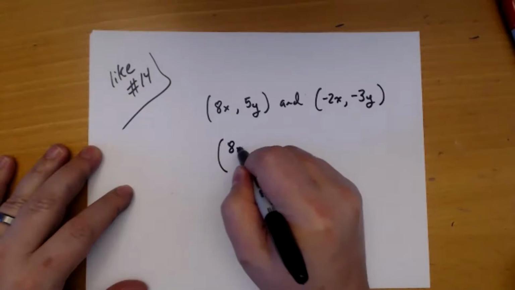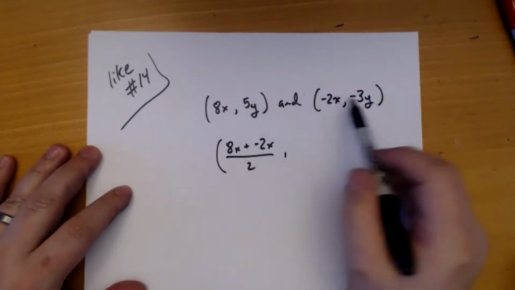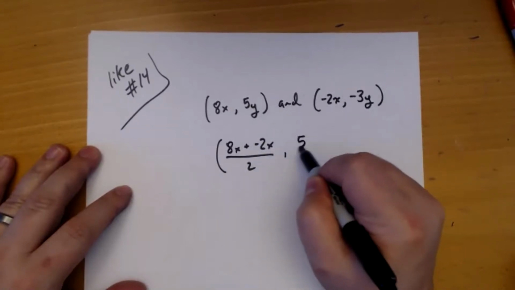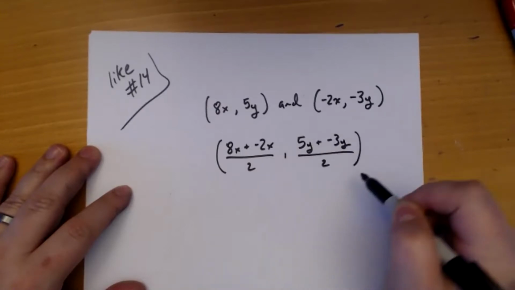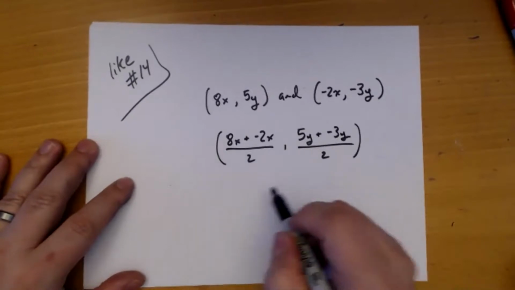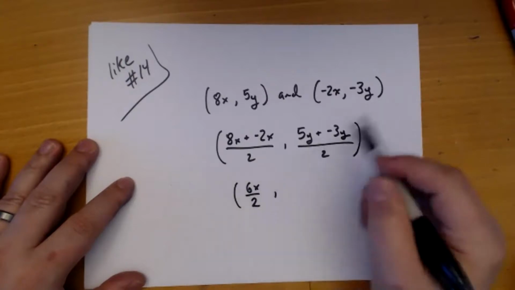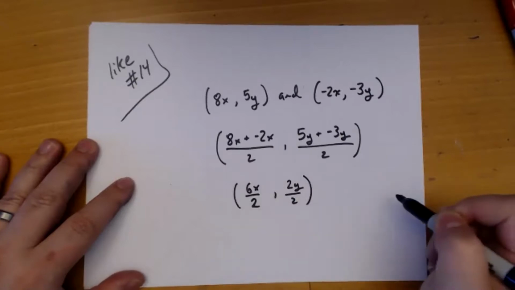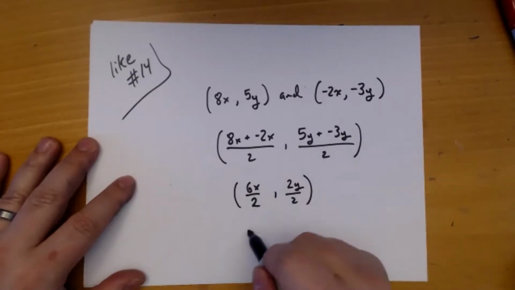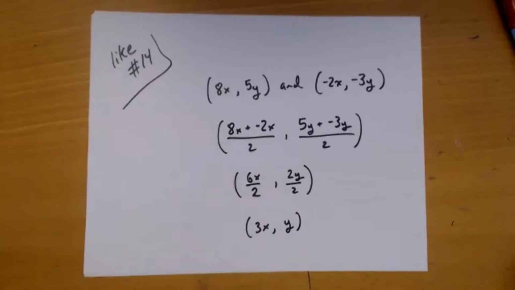You add them up. And you take your y's and you add them up. It's like combining like terms. So 8 and -2 make 6. 5 and -3 make 2. And now we just divide. And that's how you would do number 14.